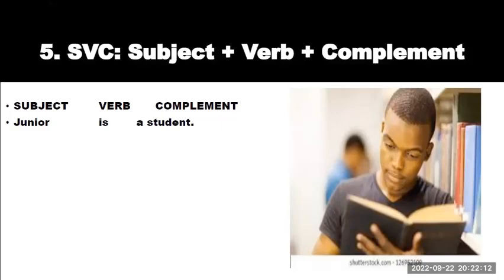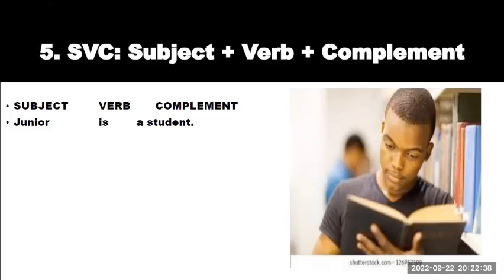So Junior is a student also implies that Junior goes to school. So you see, the verb is here is a being verb, a word that expresses a state of being. And then a student actually is a noun phrase.